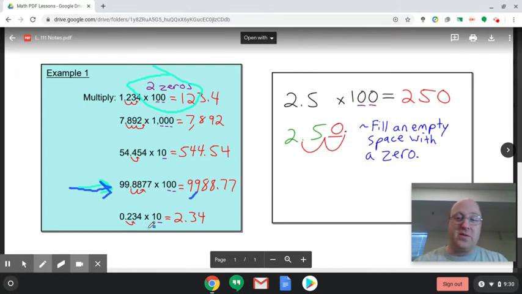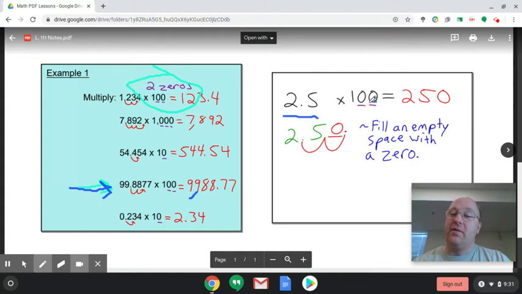So then one last one to review. We have 234 thousandths times 10. Again, 1 0. We have to move the decimal to the right because we need a larger number. And we end up with 2 and 34 hundredths. Now we look at this example over here. We start with 2 and 5/10 times 100.